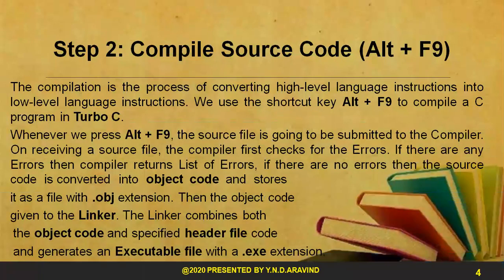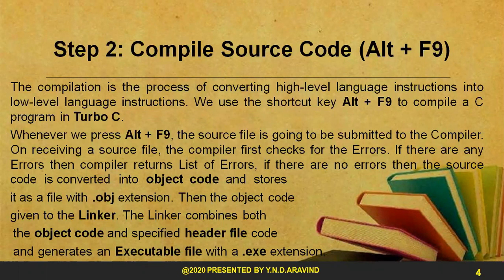Now, once after writing our source code, we need to compile it. Compilation is a process of converting the high-level language instructions into low-level language instructions. Here we use the shortcut key Alt F9 to compile a C program in Turbo C. Whenever we press Alt F9, the source file is submitted to the compiler.